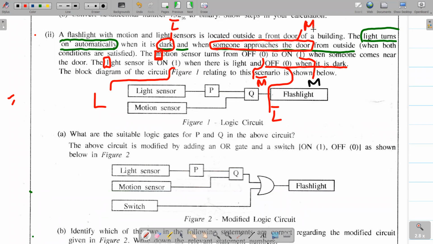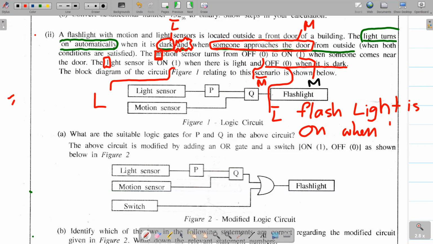That means it indicates M. And since these two must be satisfied together, the relationship they are sharing is, we can say the flashlight, that's the output, is on when L bar and M happen, right?